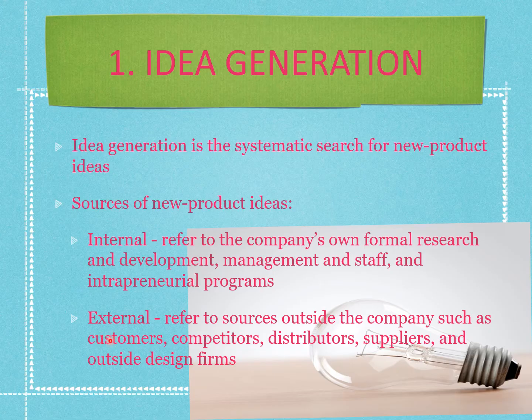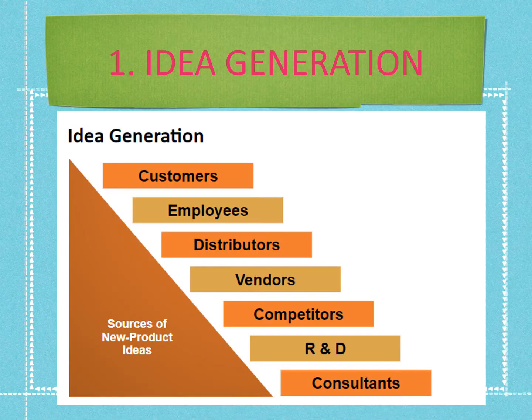For the external sources, this refers to the sources outside the company, such as customers, competitors, distributors, suppliers, and also outside design firms. So these are some of the parties or sources, be it internal or external, like I mentioned just now.